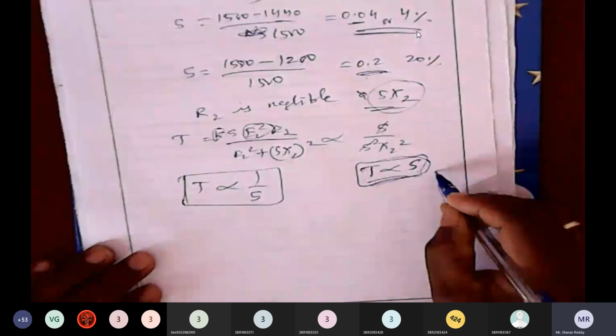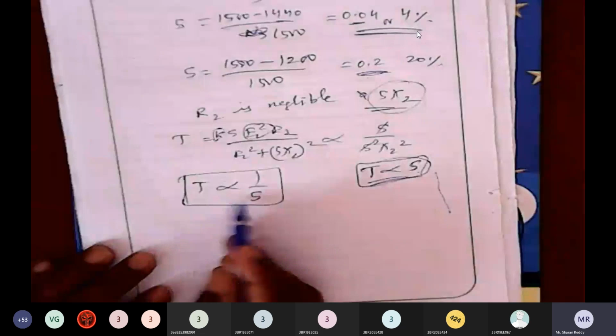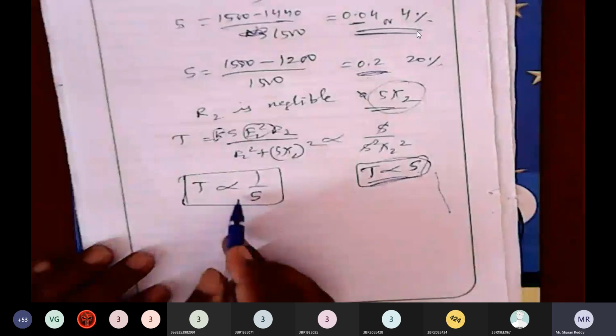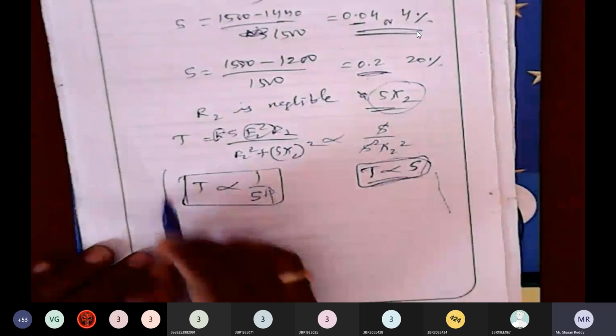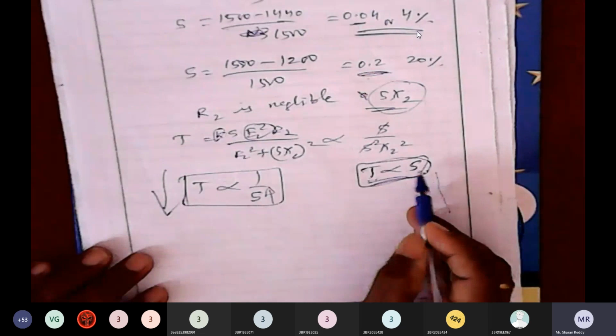After the maximum torque, with any further increase in the slip, you can see the torque is decreasing, because it is inversely proportional to slip. Here, slip is directly proportional to the torque.